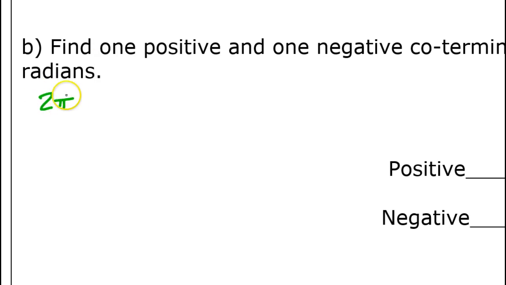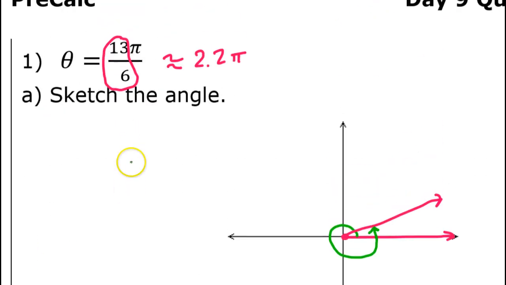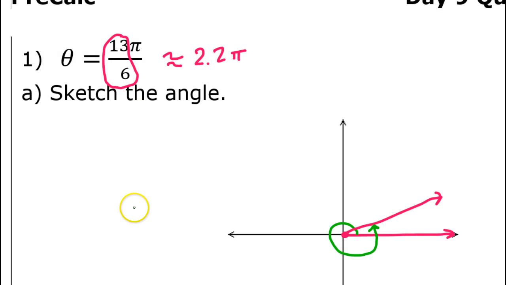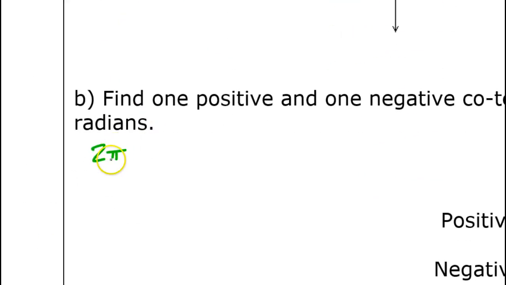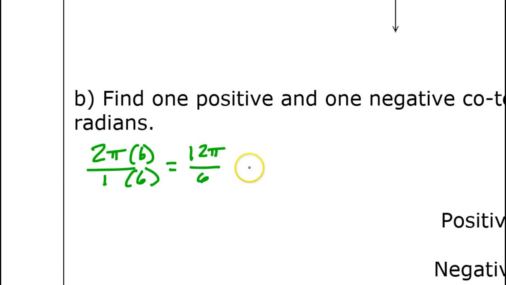But in this case, I'm dealing with a denominator of 6. So I want to add and subtract 2 pi, but I really need to have a denominator of 6. So I'm going to multiply by 6, and so 2 pi is the same thing as 12 pi over 6.